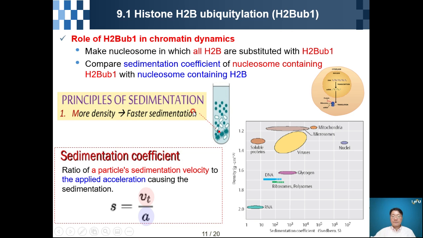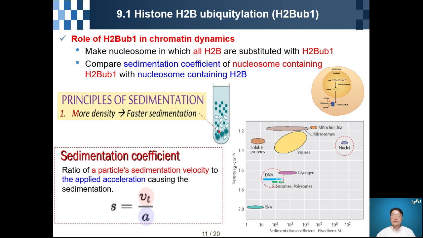So this is the graph, where the y-axis is the density of a molecule and the x-axis is the sedimentation coefficient of the molecule. Let me start from the nuclei. This is the cell, and this is the nucleus, which we also call nuclei. Nuclei exhibit higher density and a higher sedimentation coefficient.